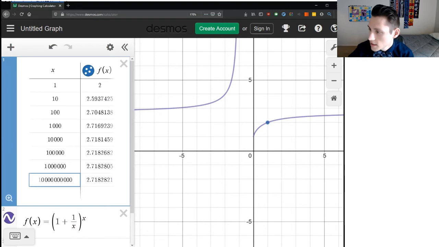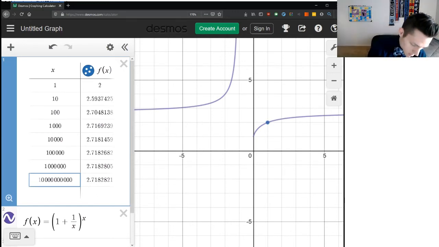But the point is, we can see, even though I'm typing in such hugely different numbers, my end result really doesn't change that much. It changes more so from like 2 to 2.5 up here. But down here, these last two are the same all the way through this 8, and then they're slightly different.